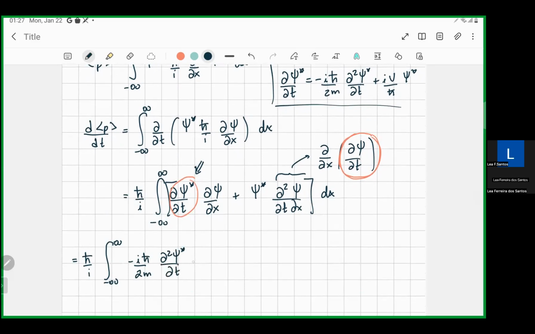Then let's copy already that derivative in x. So this was my first term. We then also have plus i V over h bar, psi star with the derivative. Very good. So this is our first term. Now, how about the second term?